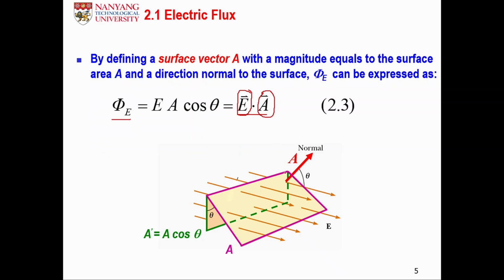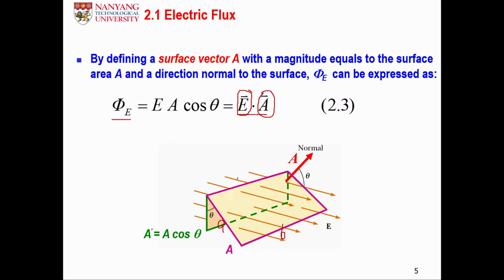Like for this rectangle, let's say here is a, here is b, the magnitude of the vector A is just a times b.